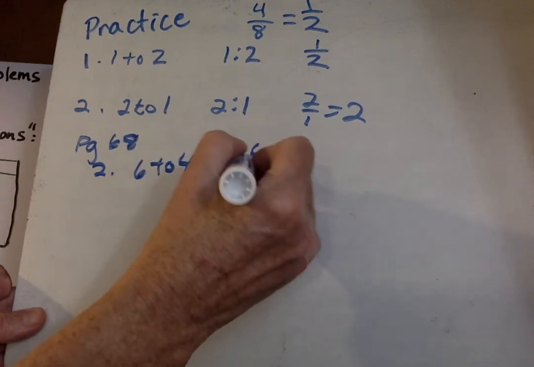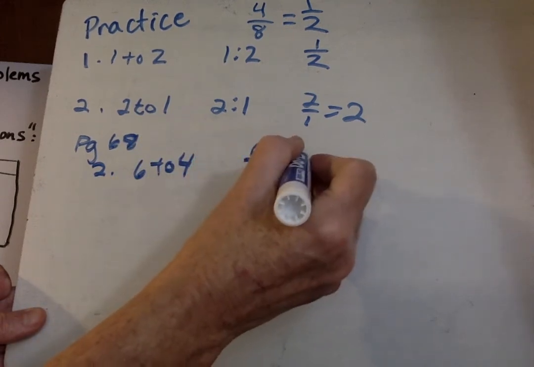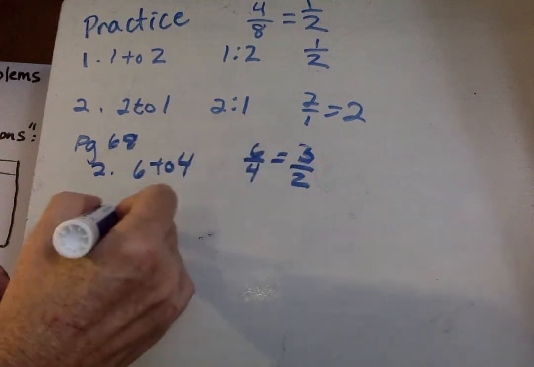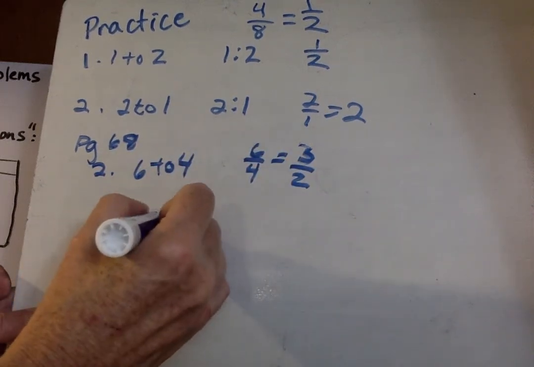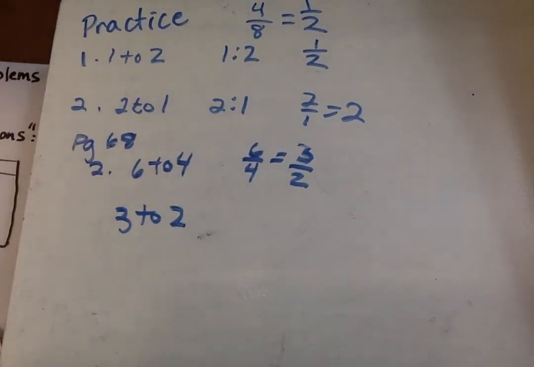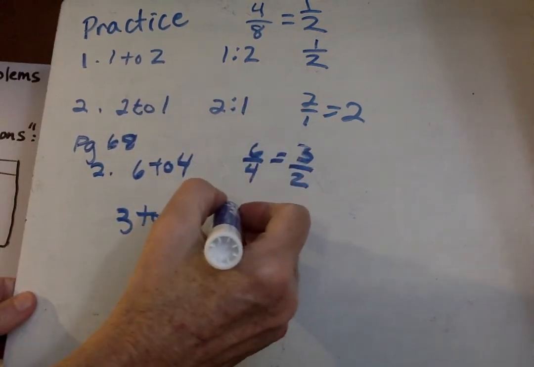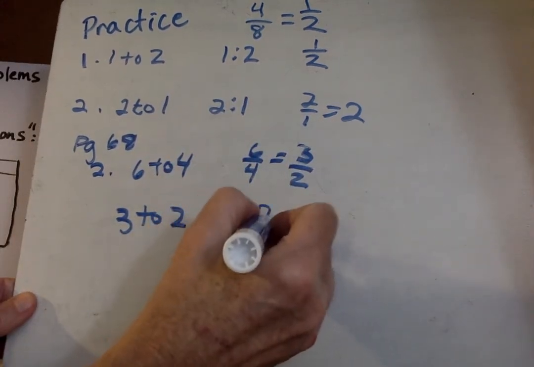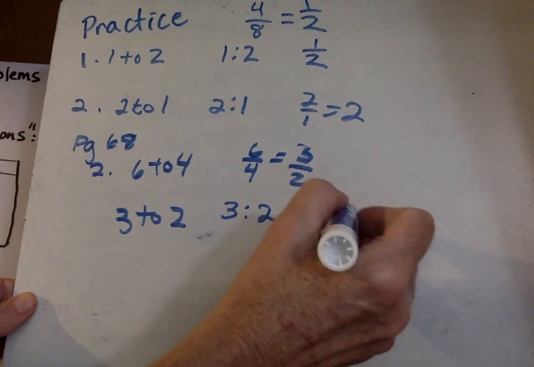No, if I say 6/4, 2 will go into each, so that's 3/2. So I say 3 to 2. And then I write it with a colon. If I write it with a colon, what's it going to be? 3 to 2, and 3/2.